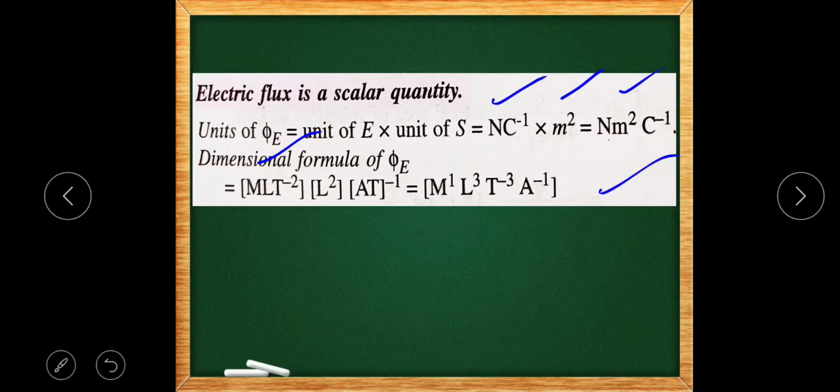Meter square is the unit of area, with dimensional formula L square, and Coulomb is the unit of electric charge, so per Coulomb gives A T raised to minus 1. On simplifying we get M raised to 1, L raised to 3, T raised to minus 3 and A raised to minus 1. Remember these things also.